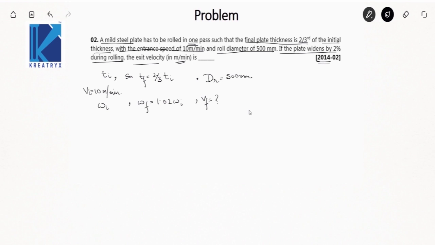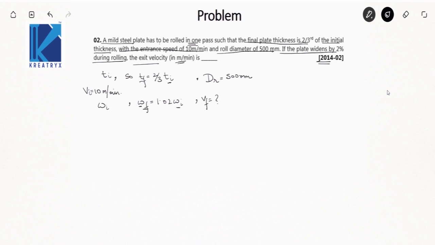Now you can see that most of the data are in terms of initial data, like T final is in terms of T initial, W final is also in terms of W initial. So the only data they have given is V initial.